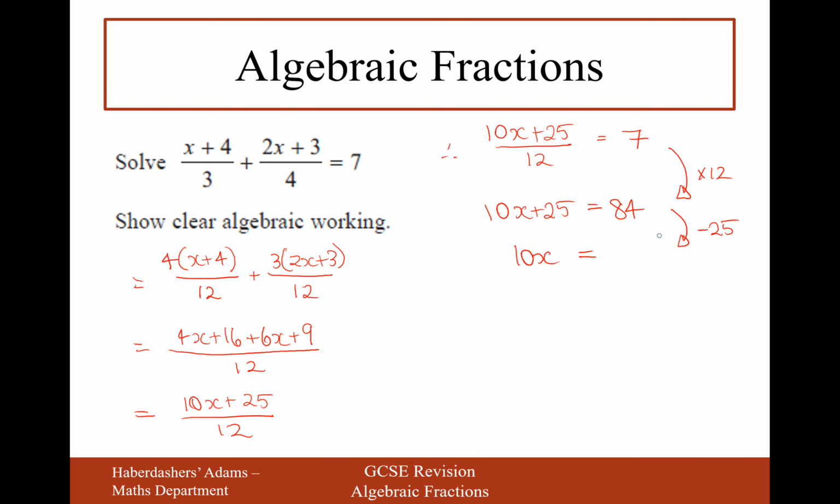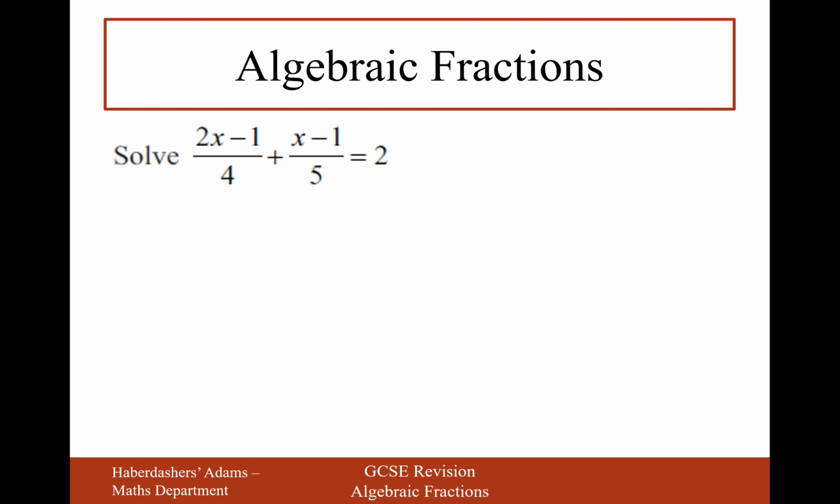So that would be 10x equals 59. So x is going to equal 59 over 10, or 5.9. And there we are, that's the answer to this question here. So we added the fractions together first, and then we solved it equal to 7.